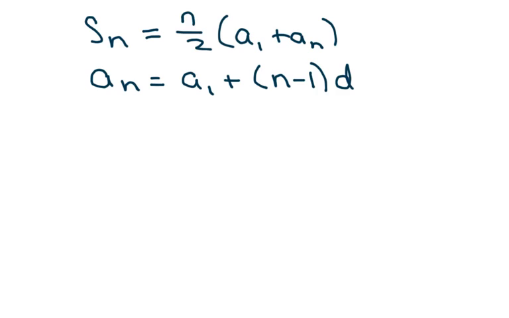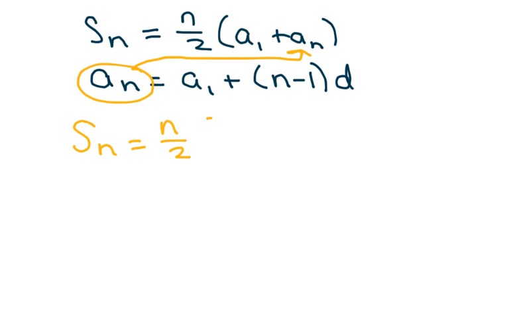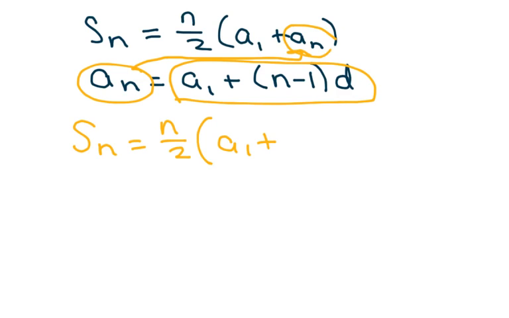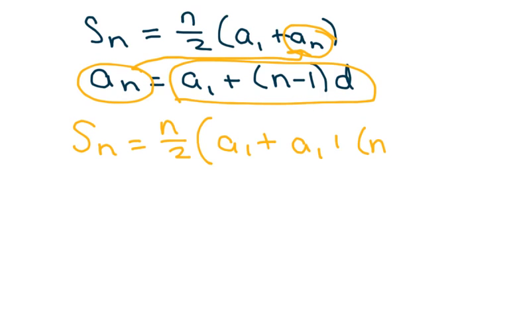So all I'm going to do here is substitute this formula into that. So we get the sum is n over 2 times a sub 1 plus, now I'm just going to write this down for my a sub n, because that's what it equals, a sub 1 plus n minus 1 times d.